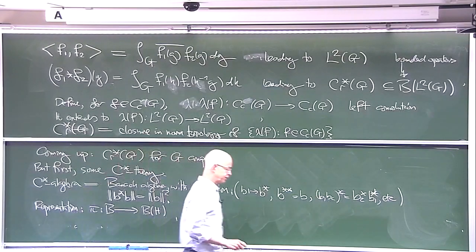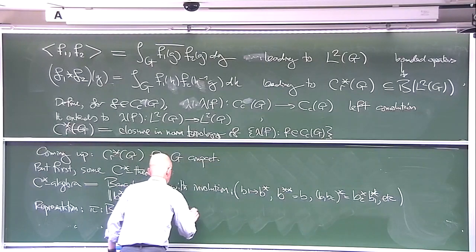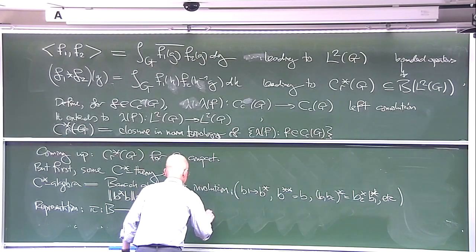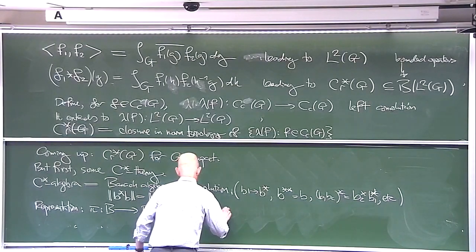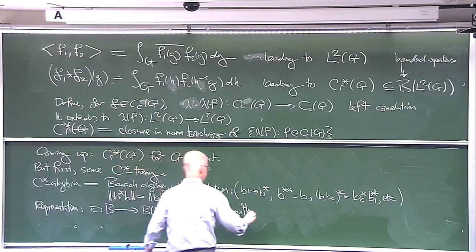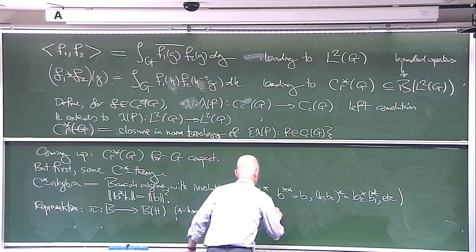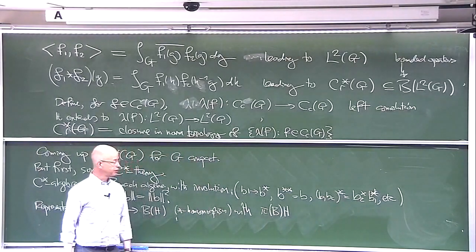A representation of a C star algebra is just a star homomorphism, an algebra homomorphism which preserves the star operation. And there's only one other condition, which is that the representation should be non-degenerate.